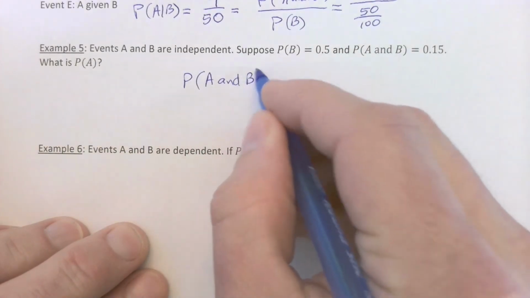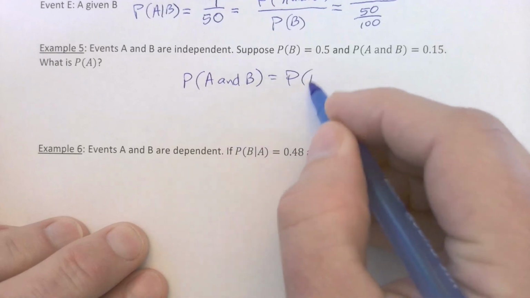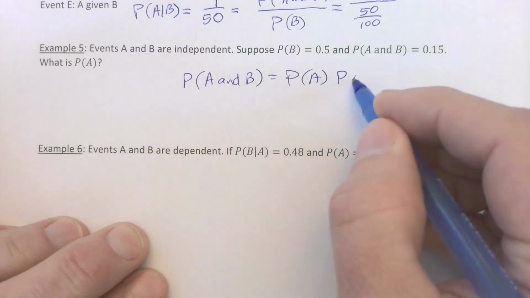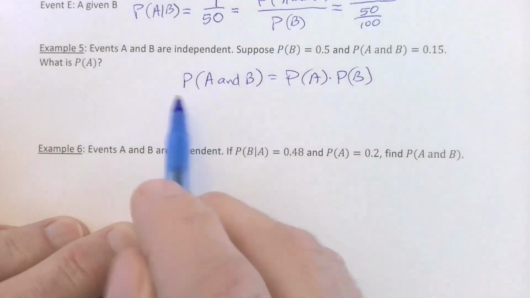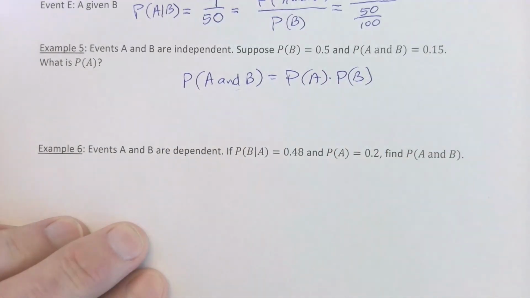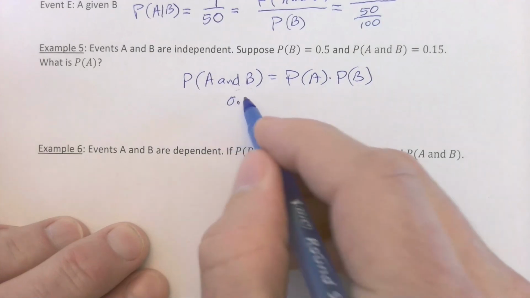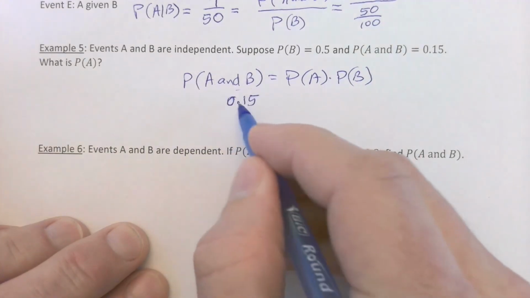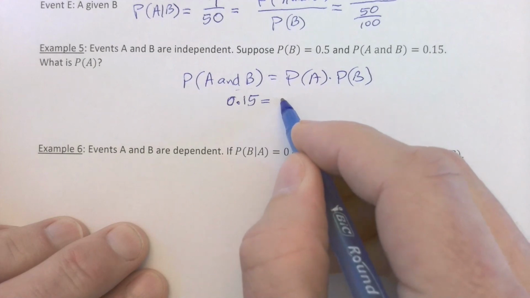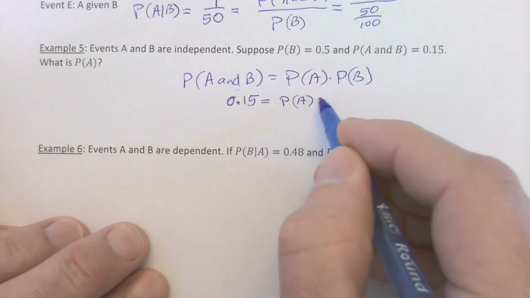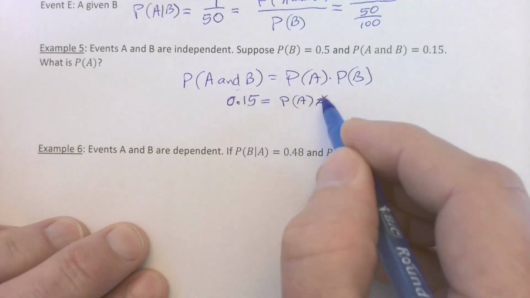Probability of A and B for independent events is probability of A times the probability of B. Okay, there are 3 numbers here, and we know 2 of them. We know this one, for example, is 0.15. And over here, we don't know this one. That's the question. But we do know probability of B.